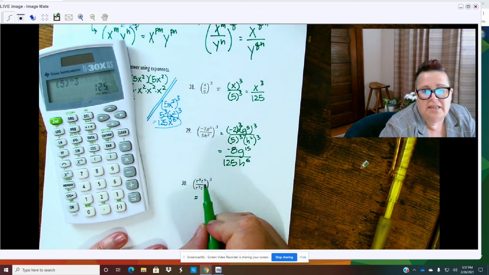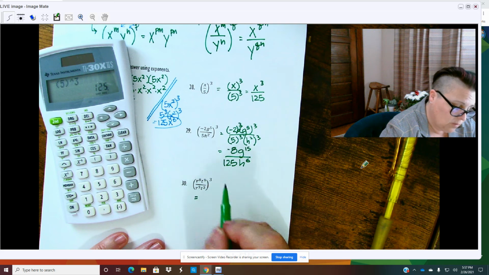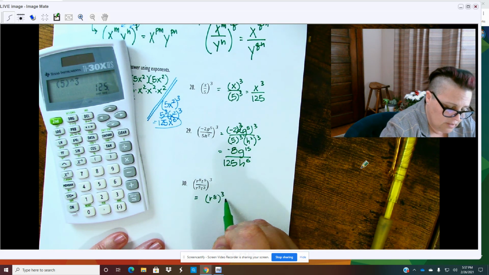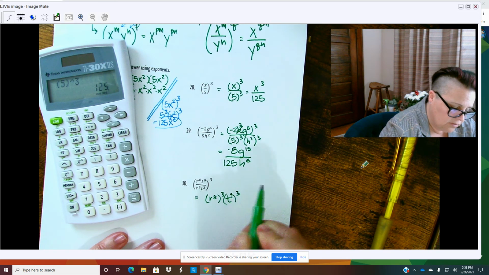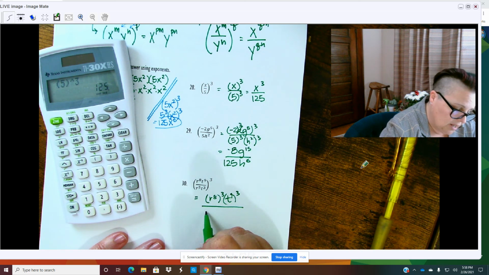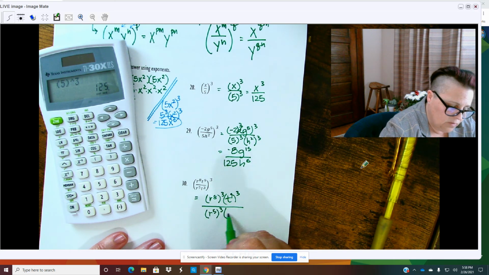I have r to the 8th over t to the 9th, all to the 3rd. Using the power of a quotient, this would be r to the 8th to the 3rd and t to the 9th to the 3rd. I had to keep that inside the parentheses. In the denominator, I would have r to the 5th to the 3rd, and then my other one would be t to the 3rd to the 3rd.